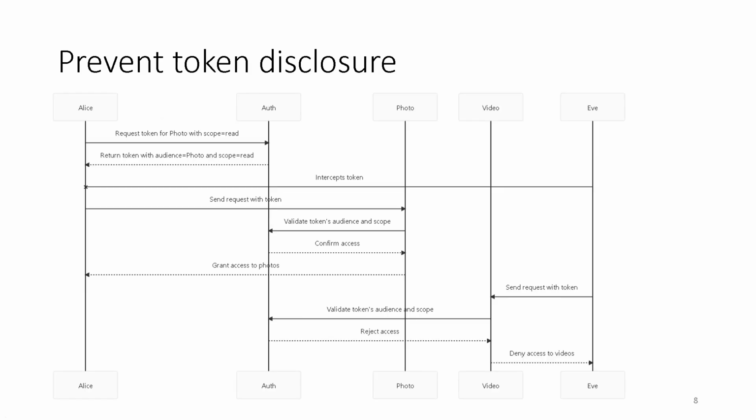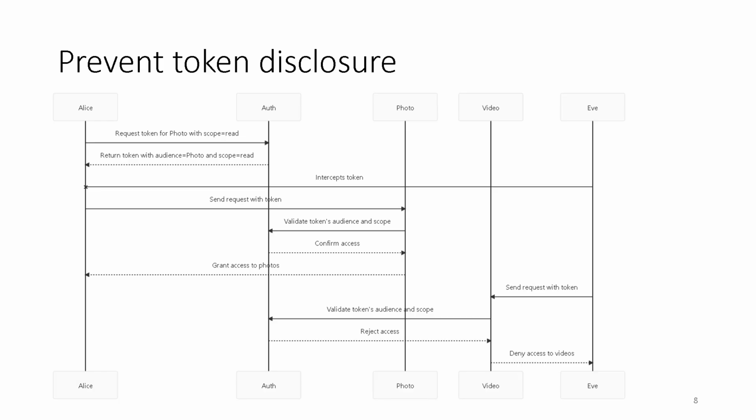To prevent token replay, the authorization server should include the identity of the intended recipient, the audience, in the token, such as the URI of the resource server or a unique identifier. We hear about the audience in multiple places as we progress in the topic. This lets the resource server know who the intended audience is.